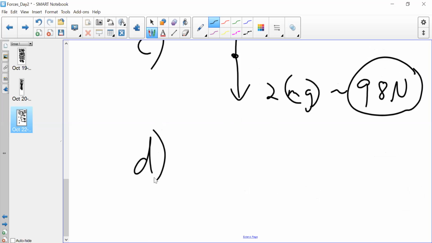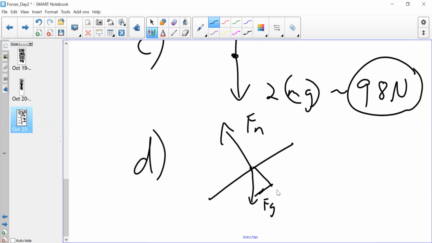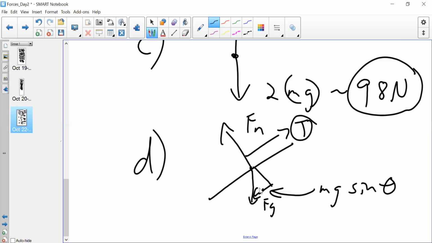And then part D. What would the tension be there? What would we have to do? Again, for right now, the normal force is not important. Tension is equal and opposite this guy.